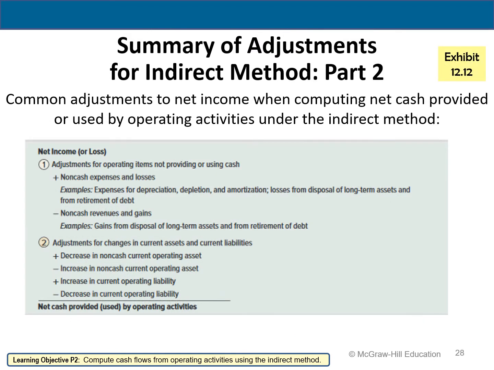All right, so what we're trying to summarize here is common adjustments to net income when computing net cash provided by operating activities when you're using the indirect method. So typical adjustments can be adjustments for operating items that are not providing or using cash. So you add back your non-cash expenses and losses.